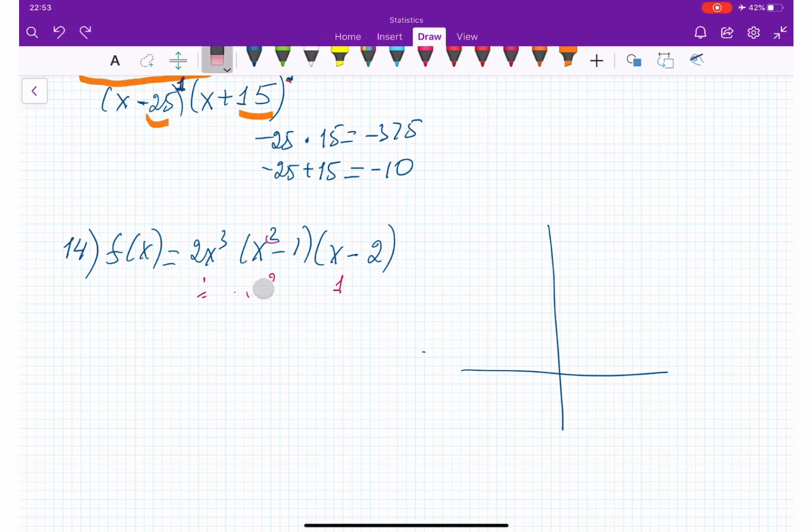Okay, if we have degree equal to 6, that means both endings are going up, right? No, we don't know, up or down, both of them. Okay, the coefficient is 2, here it is, positive, which means both endings are going up.